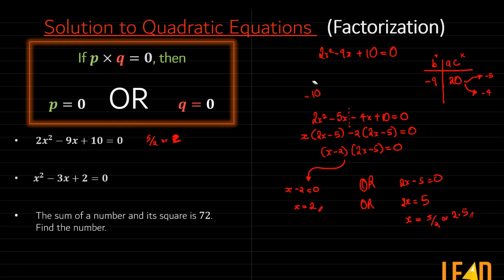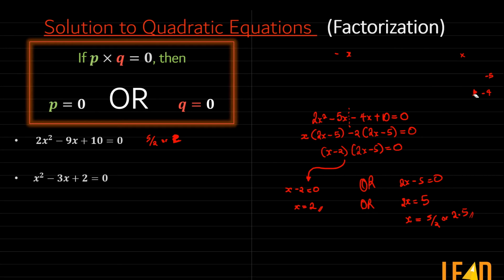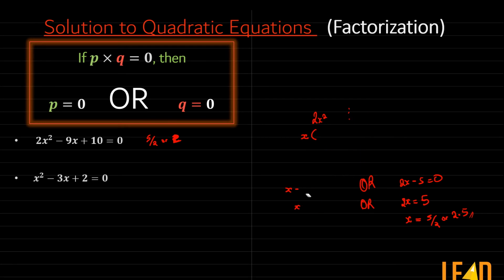Okay, let's have the second question. So we have x squared minus 2x plus 2 is equal to 0. Minus 3x rather. Okay.